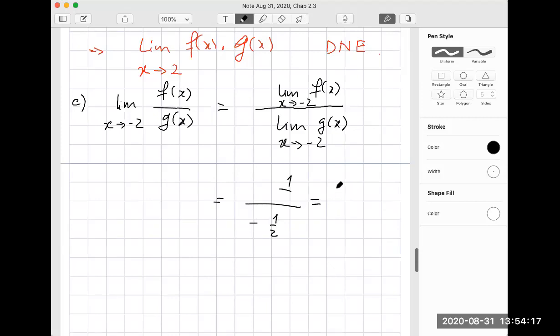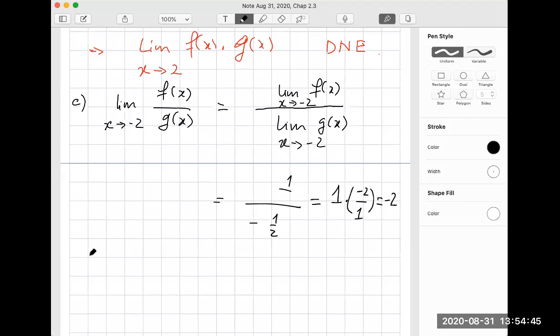And we know that this division becomes 1 times the reciprocal of this number, right? Flip it. And it is, yes, -2. Is that clear? Very good. Is it too fast? Or, yeah, good.